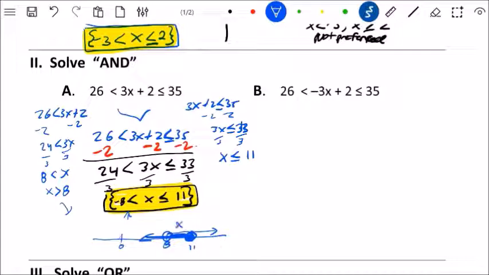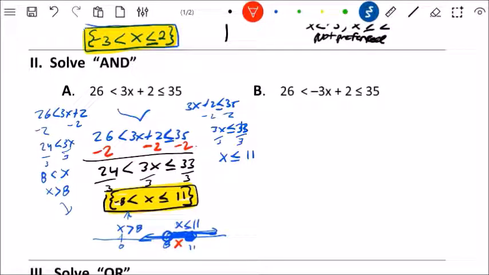So that's why I could put x is less than or equal to 11. And on the other side, with the 8, x is greater than 8, so it's this going this way. So we have this overlap to work with.